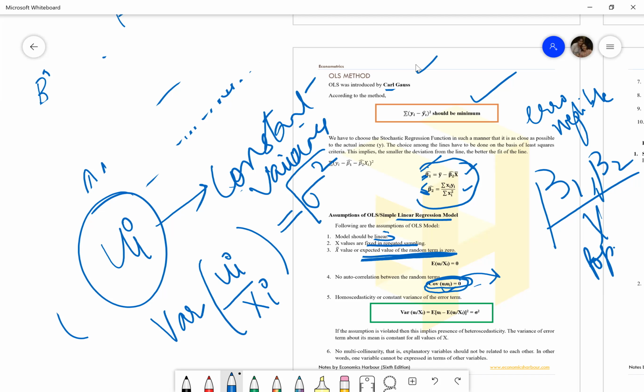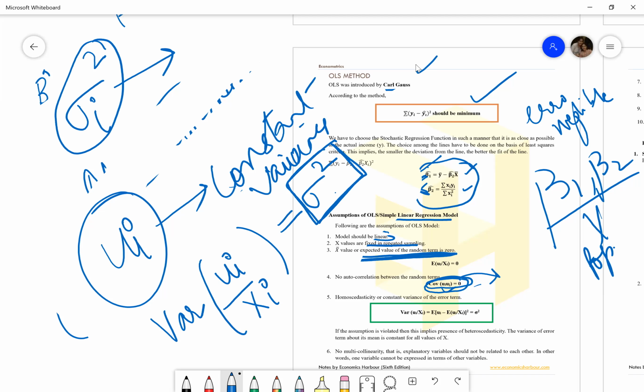This is a constant term, it is not changing. If I would have written sigma i square instead of this, then this would have implied that the variance is not constant. It is changing with respect to this i.